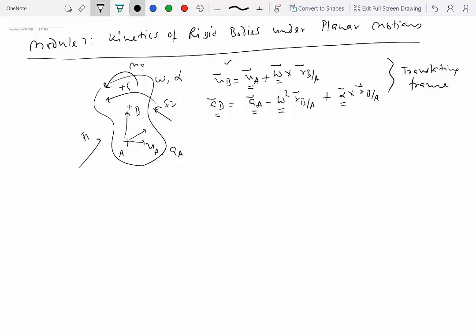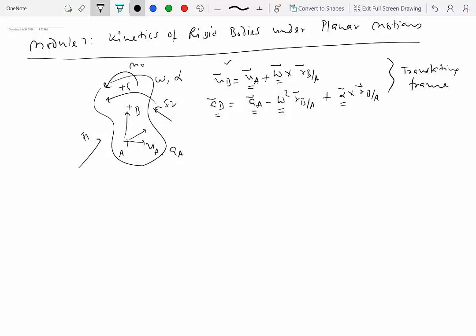So in this particular module, we will begin to relate the forces and the moments applied on a rigid body with the kinematic performance of the rigid body, which is typically reflected in the acceleration of center of mass as well as angular acceleration. You can think of this module as analogous to module 3, which was about kinetics of particles.